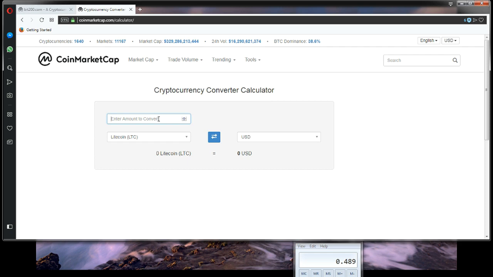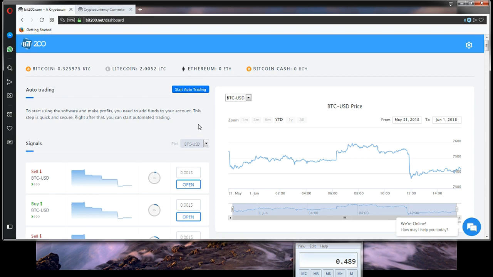So let's check how much I made. Almost $60. Not so bad, as Litecoin is much cheaper than Bitcoin. Still, I find it quite satisfactory. Over $600 made in just 2 days of trading.